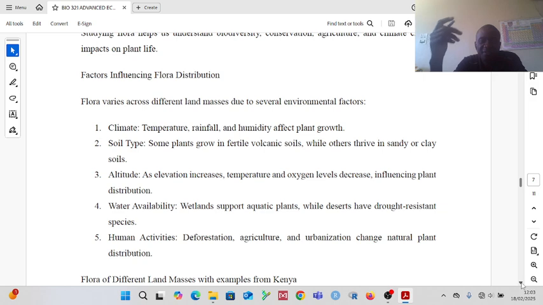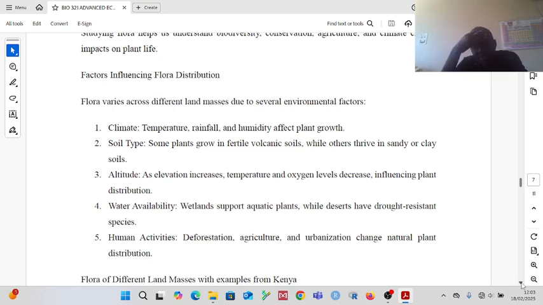As the elevation increases, temperature and oxygen levels decrease. So in areas with a very high altitude, you tend to find plants that are able to withstand low temperatures and low oxygen levels. That will affect the type of plant that you find in a particular altitude.